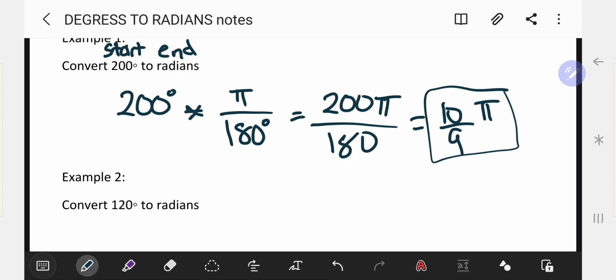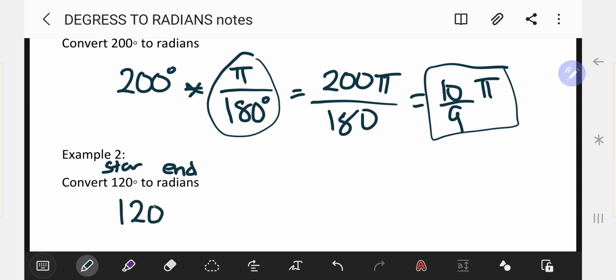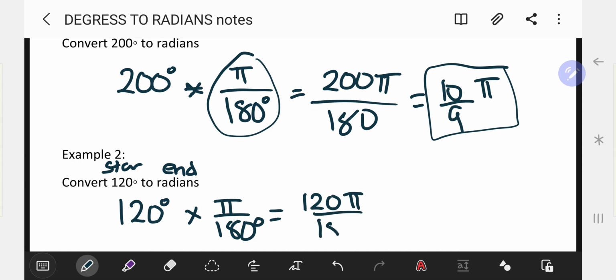So let's do another example. Same concept, we're starting with degrees and ending with radians. So we're going to use this same equation right there. So I'm going to multiply my given degrees times pi over 180. That's going to end up giving me 120 pi over 180.